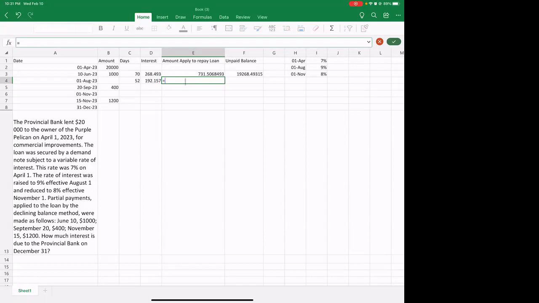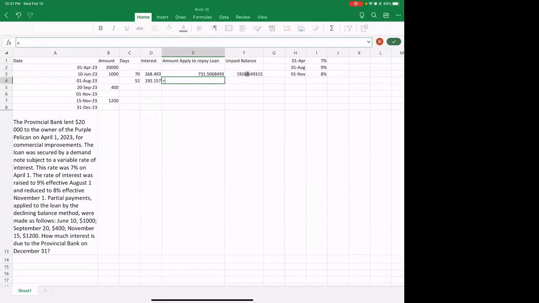Let me see. This amount applied to repay the loan, because you didn't make a payment here. So this is the interest.